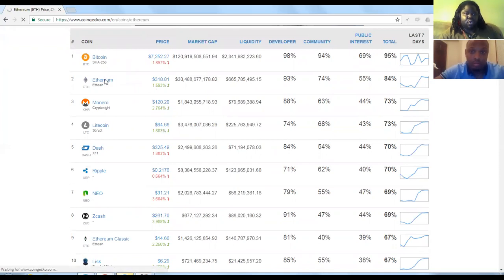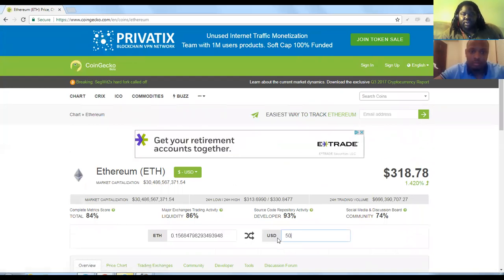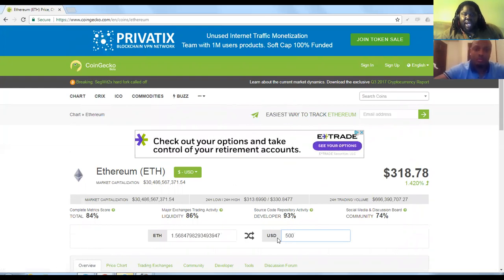Whatever coin you want to find out the conversion rate for, say $500 worth of Ethereum in US dollars, 500 US dollars is 1.5684, continuing on, Satoshi.